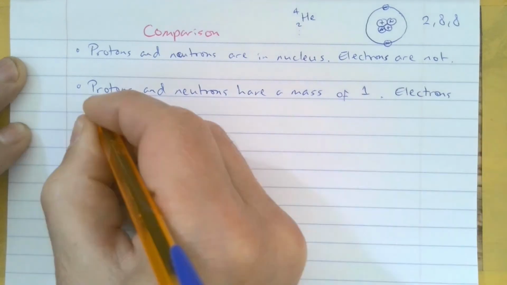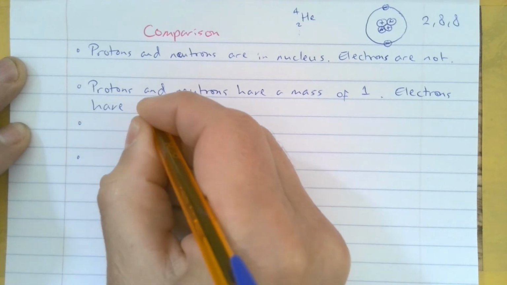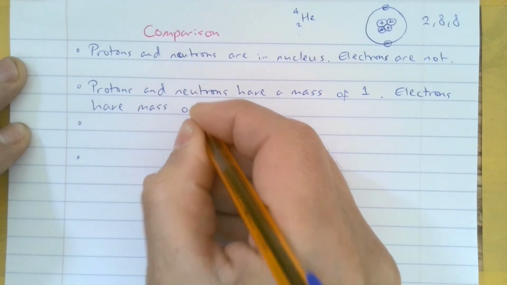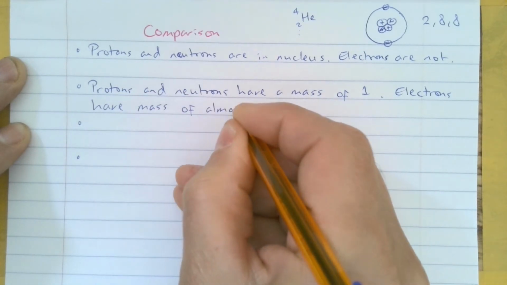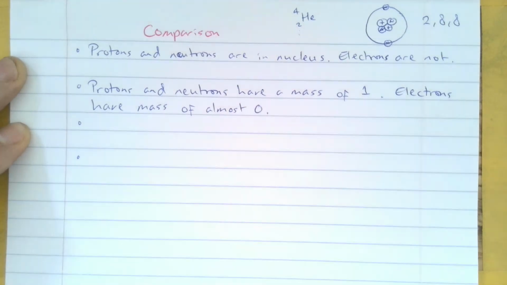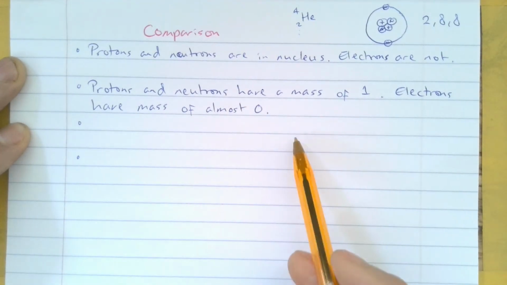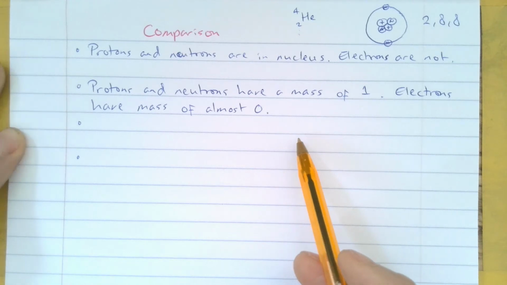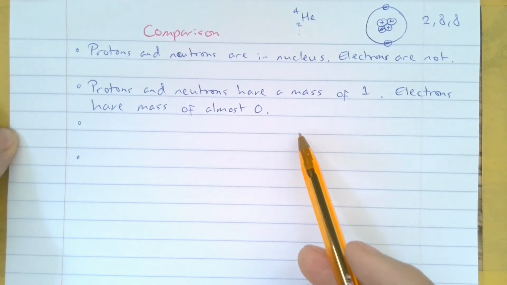Electrons have a mass of almost 0. Be really careful here, do not say that electrons have a mass of 0. They do have a mass, it's just very, very small or negligible.